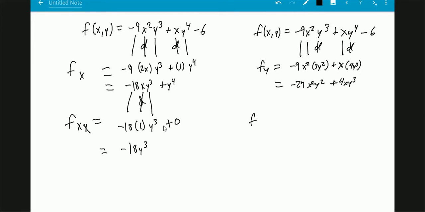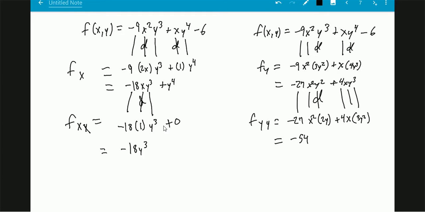We need f sub double y. That's what we're looking for. Alright, so arrows again. I'm only doing the derivative of y's. Negative 27 comes down, x squared comes down, the derivative of y squared is 2y. Next term, lines, 4 comes down, x comes down, the derivative of y cubed is 3y squared. And let's go ahead and multiply out just for simplicity.